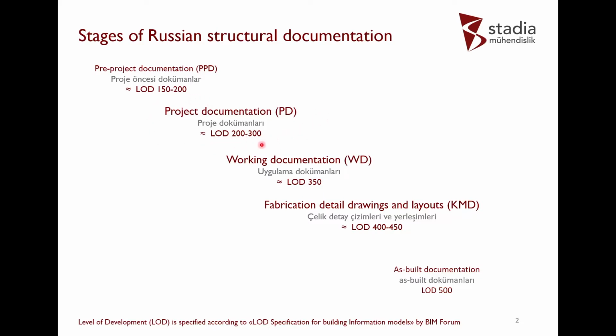It's about LOD 200, 300. Then working documentation. The next one is fabrication detail drawings and layouts, which we call KMD in Russia. It's a Russian abbreviation. And then as-built documentation.